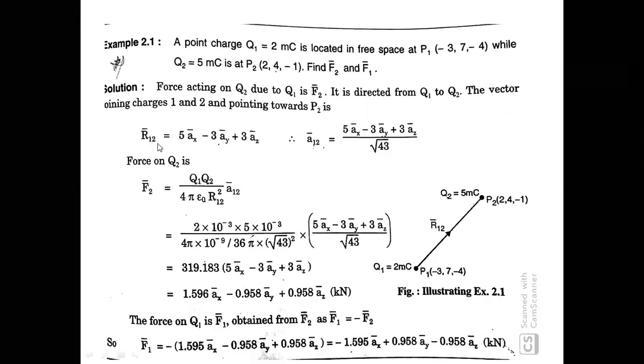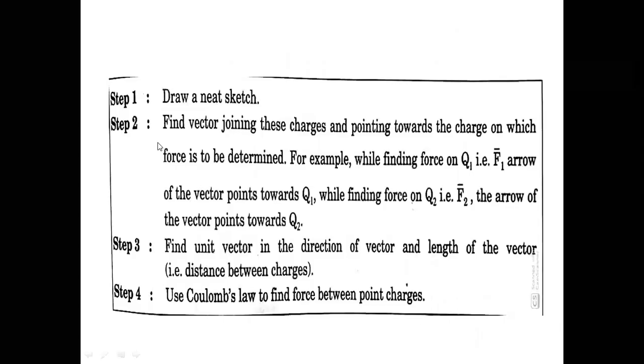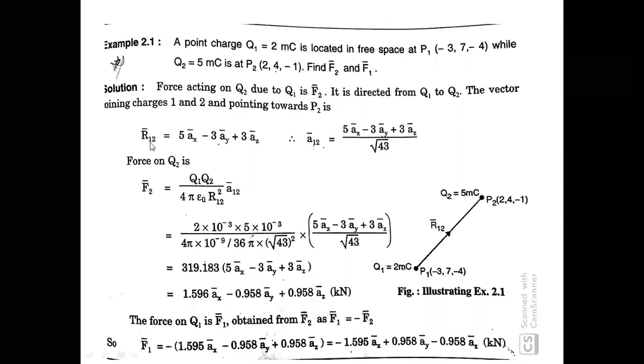What does R12 mean? Can anyone tell me? What is the first point here? Find the vector joining these charges. Here is charge Q1, located at minus 3, 7, minus 4.